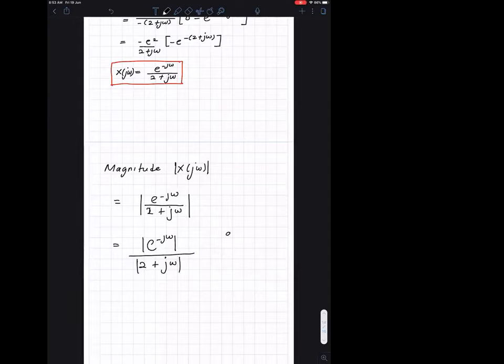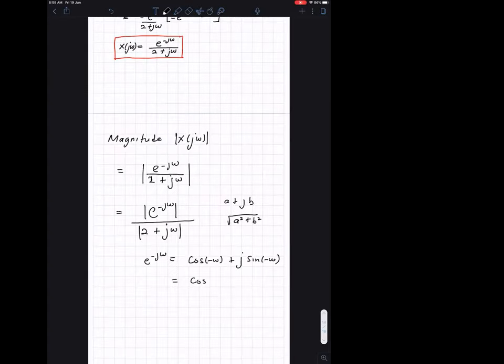Go back to the basics: when you have an equation, the magnitude is the square root of the real part squared plus the imaginary part squared. Using this concept, you should be able to find this. e to the minus j omega is cosine omega minus j sine omega.